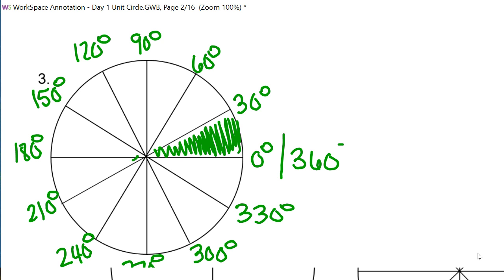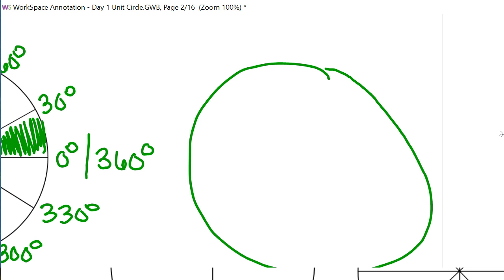Now, before you move on, right beside this one, you have some empty space. In this empty space, in the bottom right corner of your handout, use your compass to draw yourself a circle in that small area.